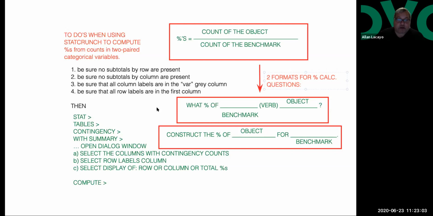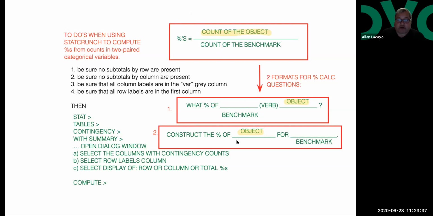So you have 2 different formats. Format 1 is a question format. Format 2 is a command format. And both formats have an object. The object I'm highlighting in yellow, whose count goes in the top of the percentage.